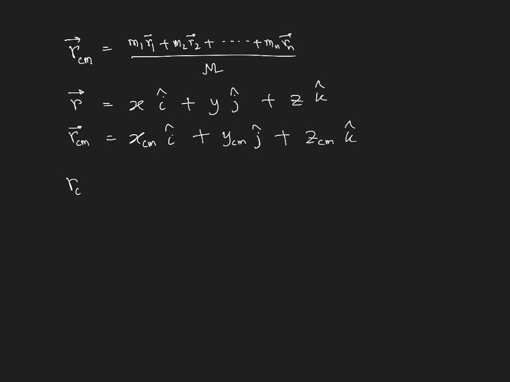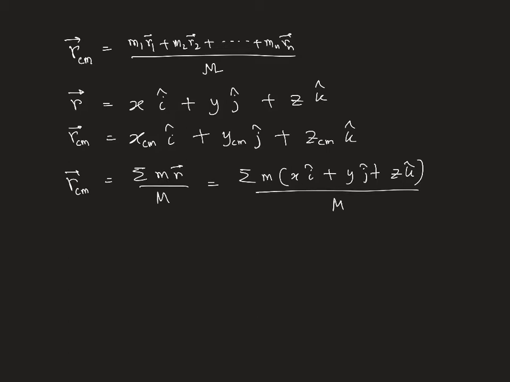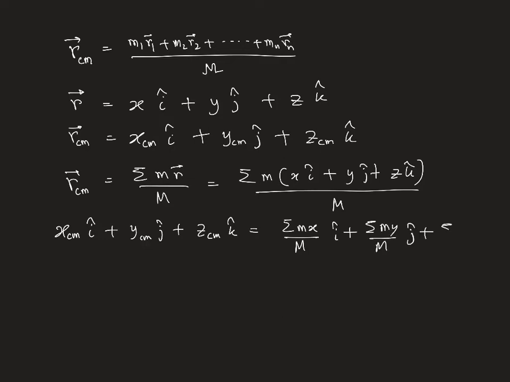And as RCM is equal to sigma mr divided by capital M, we can write sigma m times (x i cap plus y j cap plus z k cap) divided by capital M. So xcm i cap plus ycm j cap plus zcm k cap equals, separating the terms, sigma mx by M times i cap plus sigma my by M times j cap plus sigma mz by M times k cap.